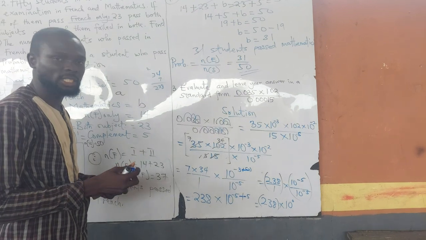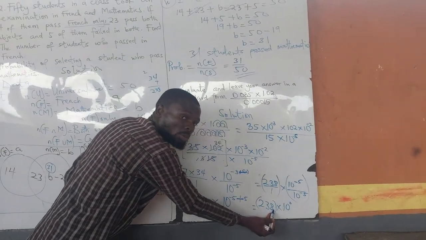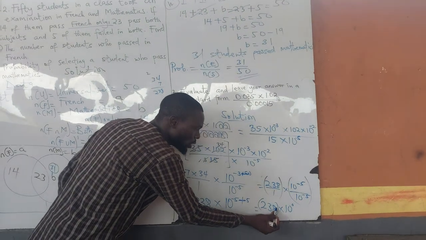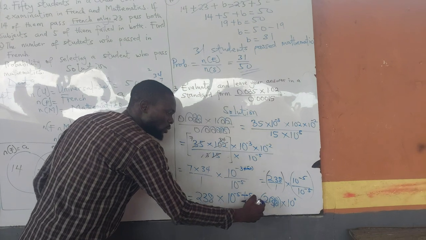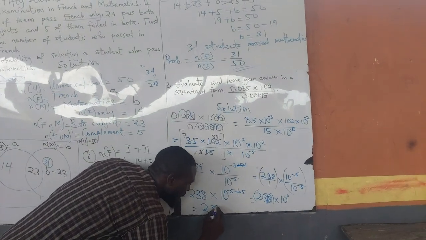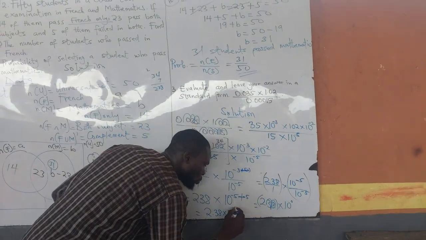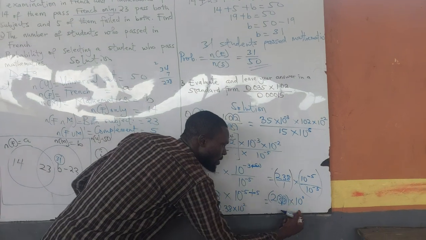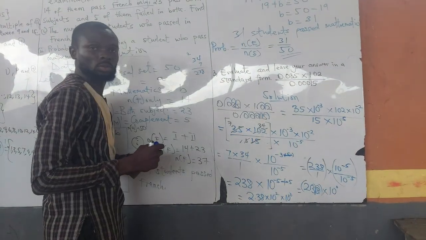So how do I do the changing? There's a decimal point assumed here, so we move in this direction. This gives you 2.38 times 10 raised to the power, we move 2 times, then times 10 raised to the power 0.